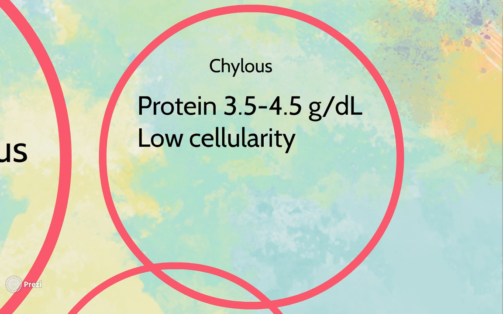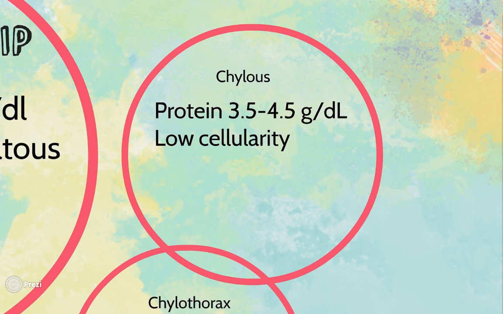So if it's fairly fresh chylous effusion, then you'll typically have some lymphocytes, a couple of macrophages kicking around. If it's chronic, so if it's been in there for quite a while, you'll get more reactive mesothelial cells, and you'll start to get neutrophils, so more of an inflammatory process happening.